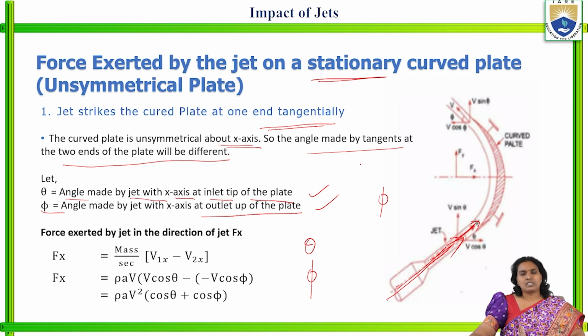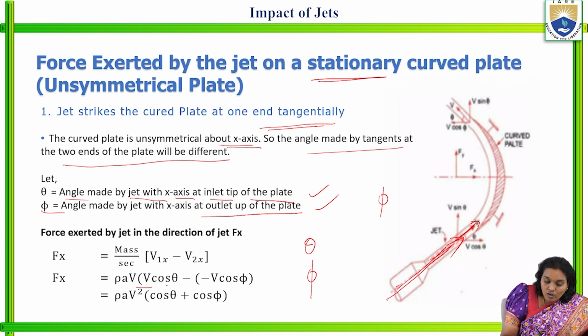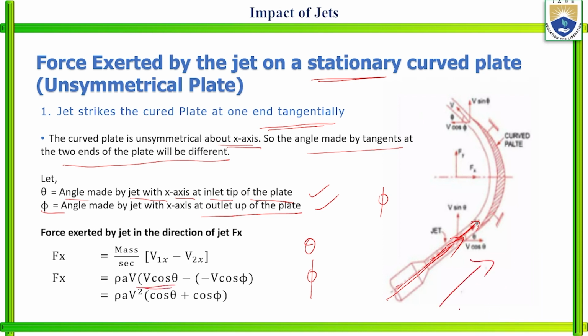Similarly, the force exerted by the jet in the direction of x, F of x, is equal to mass per second times (v1x minus v2x). Here v1x is equal to v cos theta and v2x is equal to v cos phi. Why?